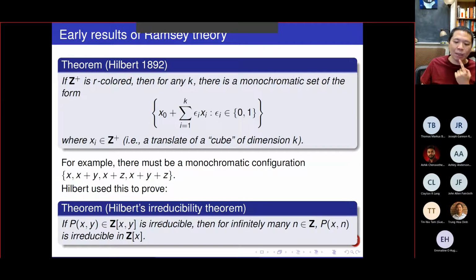And you can fix y in such a way that the resulting polynomial, which is now a polynomial in x, is irreducible in Z of x.